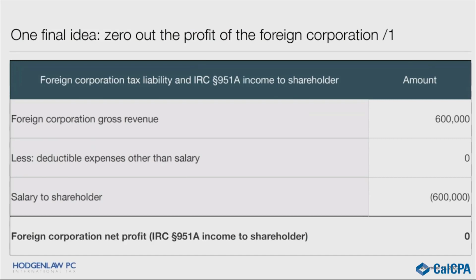So let's just salary and bonus out the entire net profit of this foreign corporation to the shareholder and see what happens. First thing we see is it's impossible for there to be any global intangible low taxed income because we've manipulated the financial statements of this corporation so the P&L says a big fat zero.